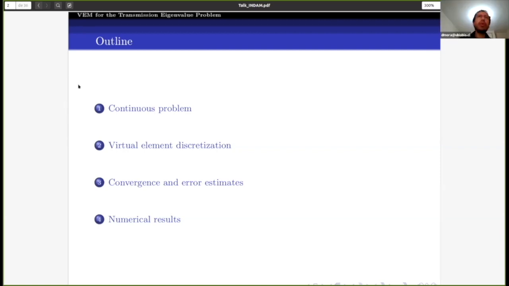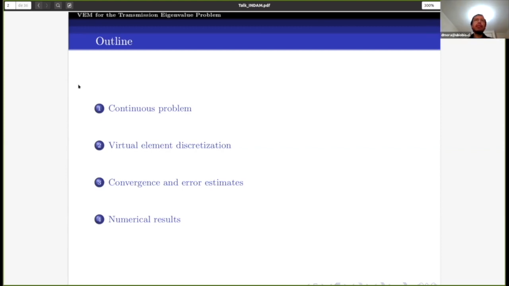Okay, the outline. It will be the continuous problem, where we will introduce the continuous formulation and the solution operator to analyze this problem.